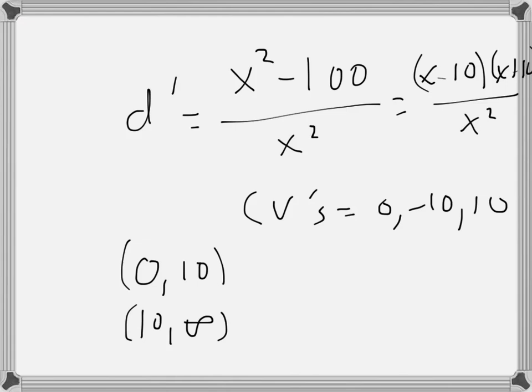So if you start with, say, the test value of 1, you'd get a positive over a negative, so you'd be negative. And if you started with 11, this would become positive. So that means that your function is decreasing, then increasing, so that's a minimum.